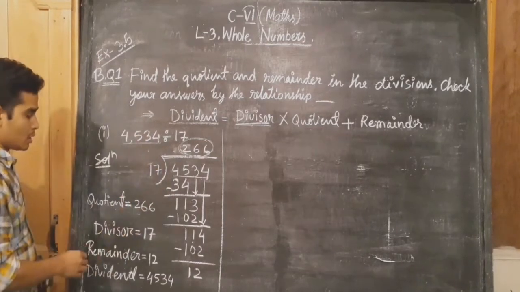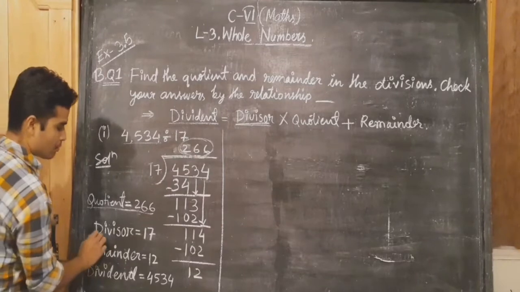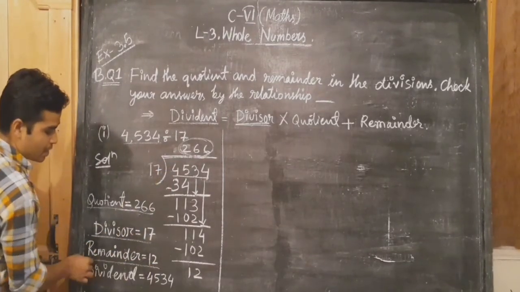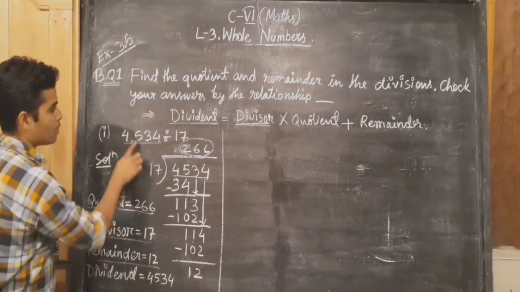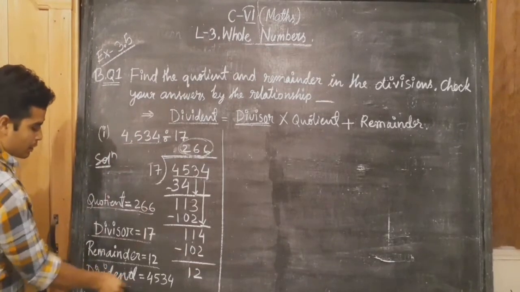related to division. So the answer we get, that is called quotient, and by which number we divide is called divisor, and the remainder we get at last, that is remainder, and the number we divide is called the dividend.